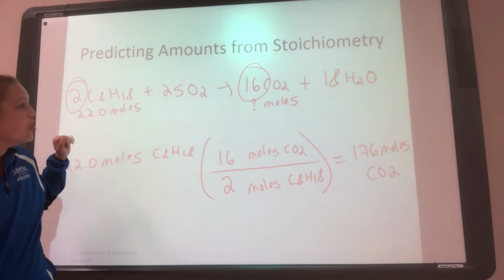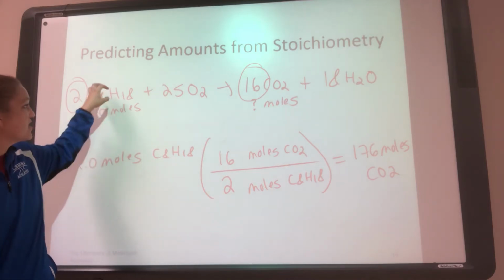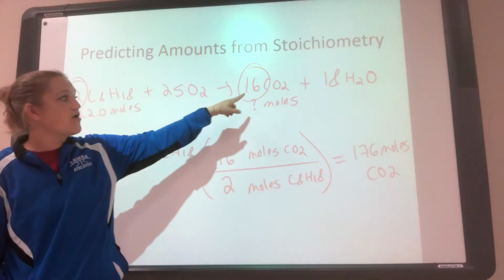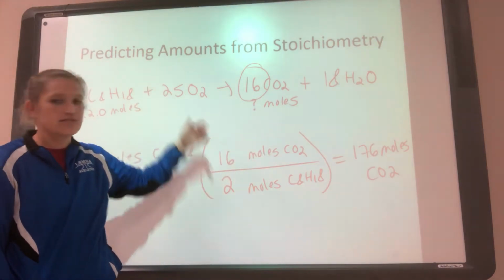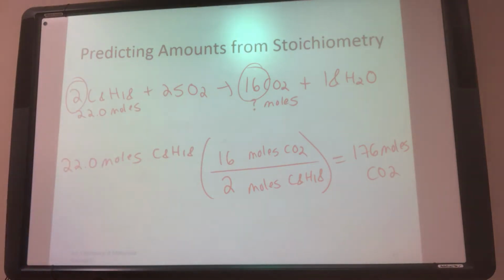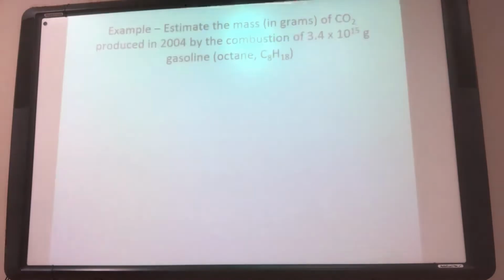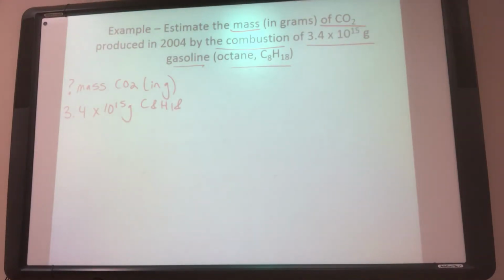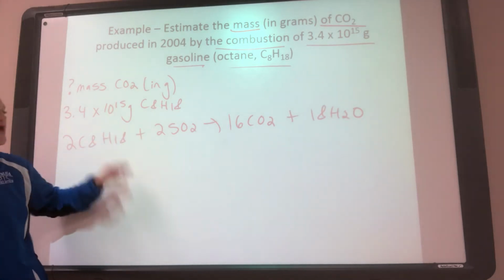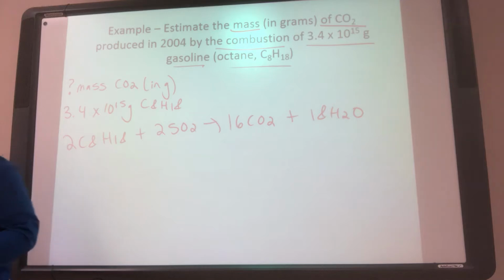What you would have had to do is know that it's octane plus O2 goes to CO2 and water and then balance it out. But for us, you could just copy that over. If you didn't already have this, you would have to write the formulas and do all the steps to balance the equation.